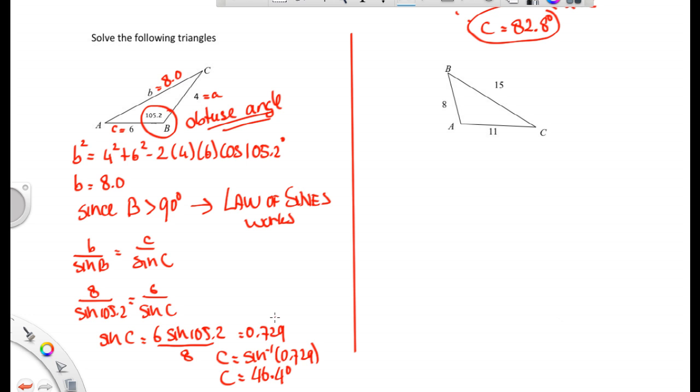If you have c at 46.4, then you can find a by doing 180 minus 46.4 plus 105.2. That's 151.6, so that's 28.4, I think.